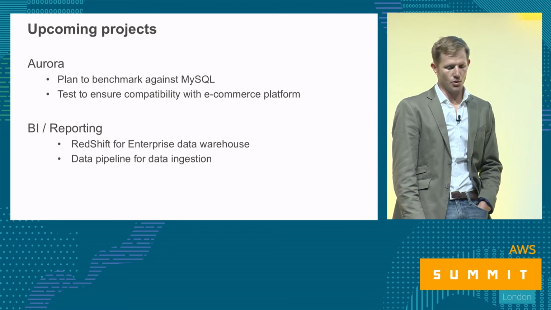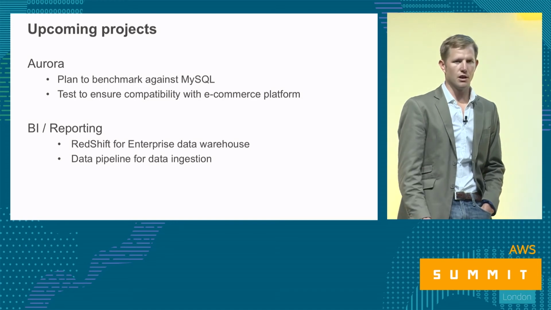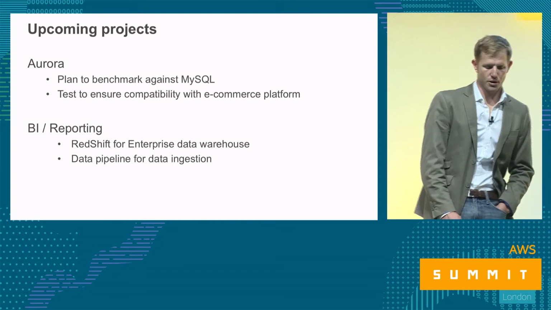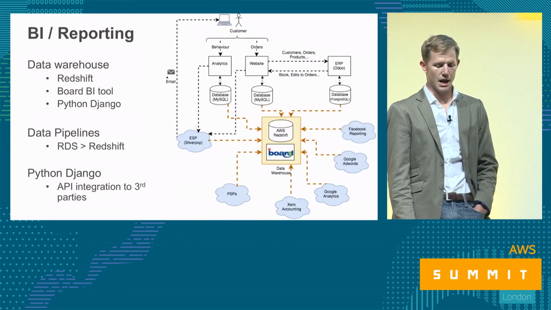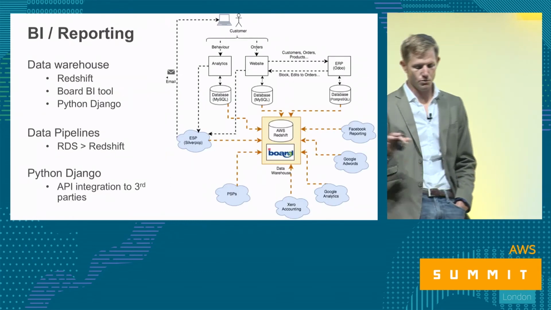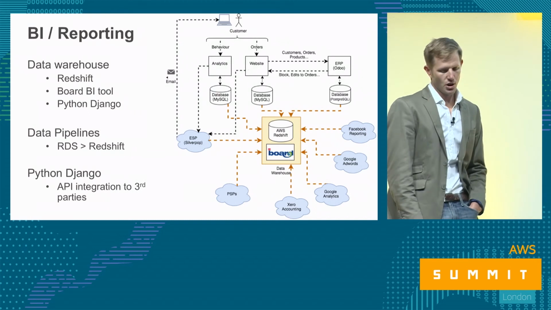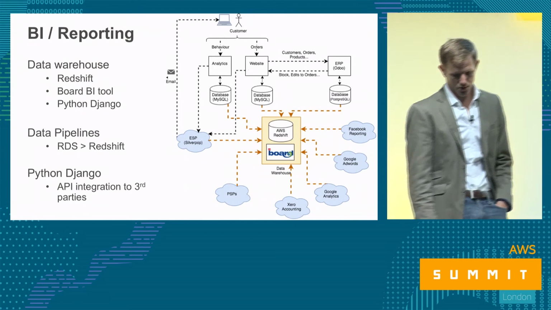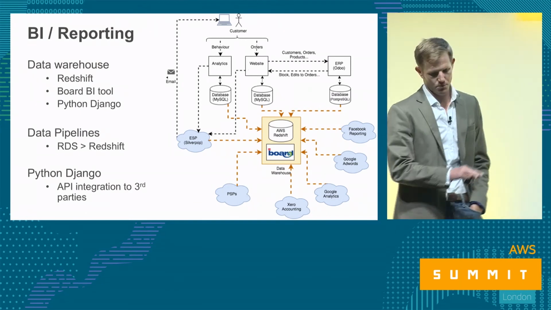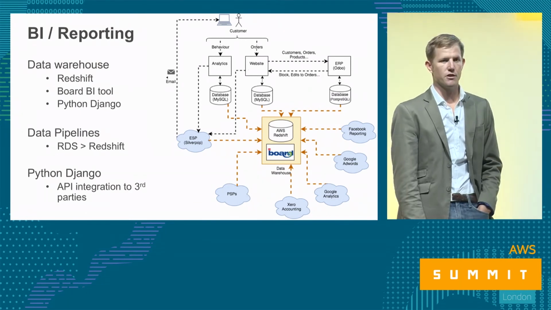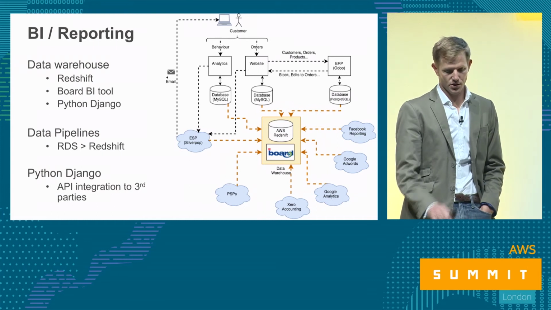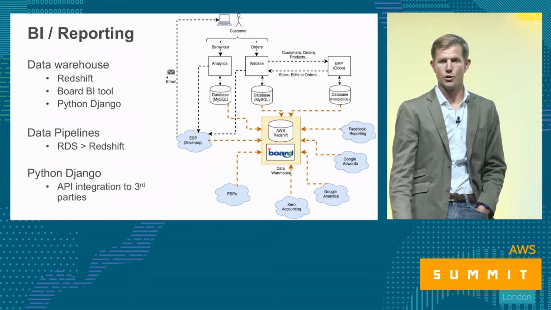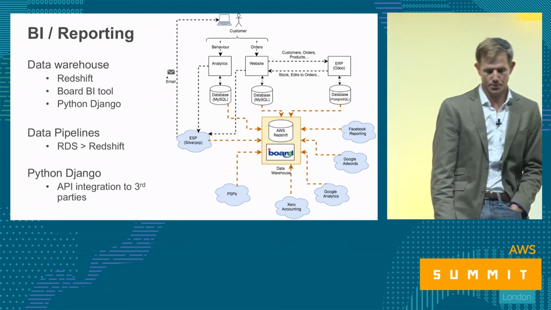And then, as I mentioned in the beginning, we're working on a BI and reporting project where we're using RDS and moving data into Redshift. So this is a high-level overview of what we're trying to do. We're moving data from various RDS database instances into AWS Redshift, and have got the Board BI reporting tool on top of that.